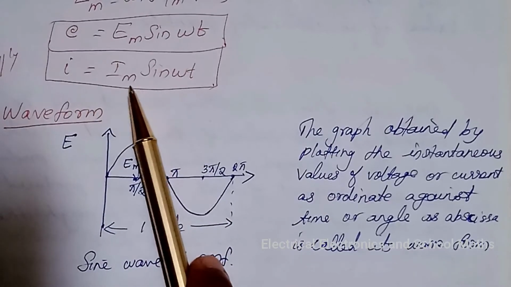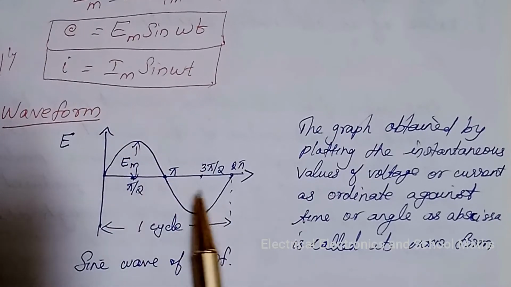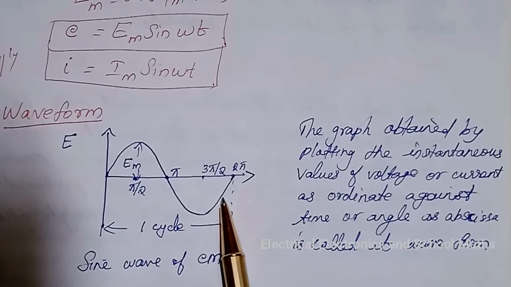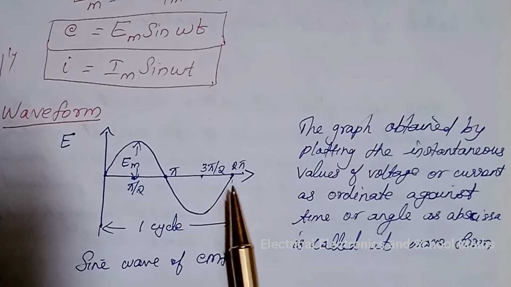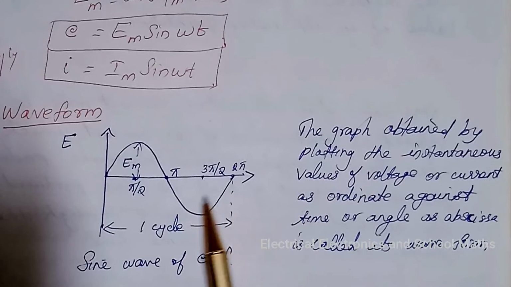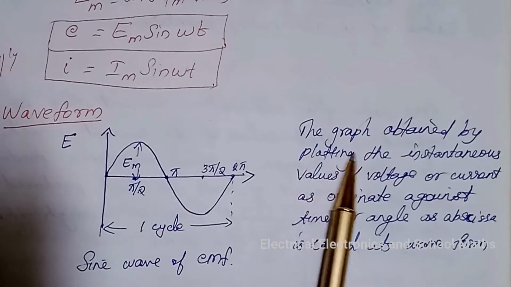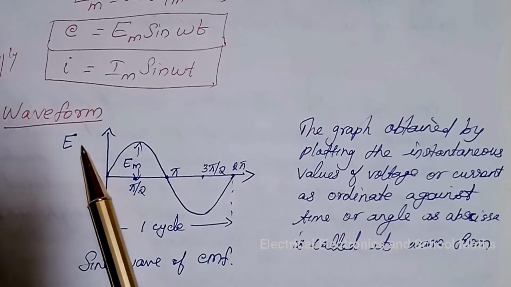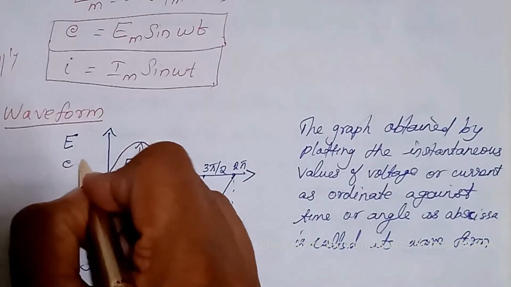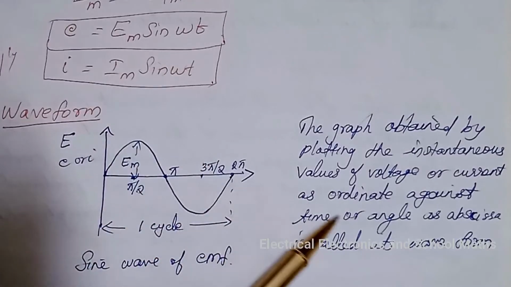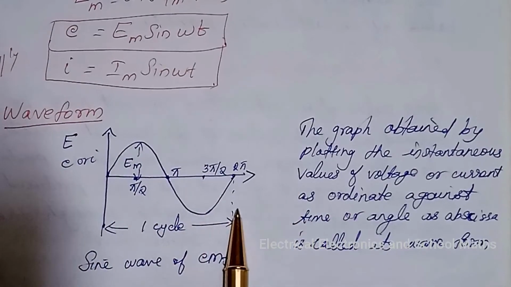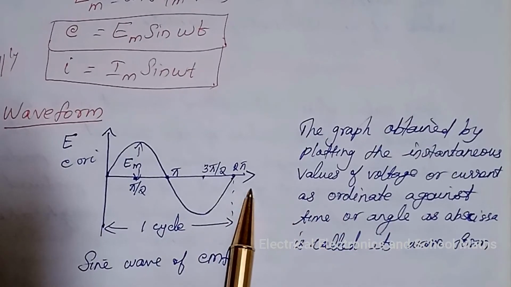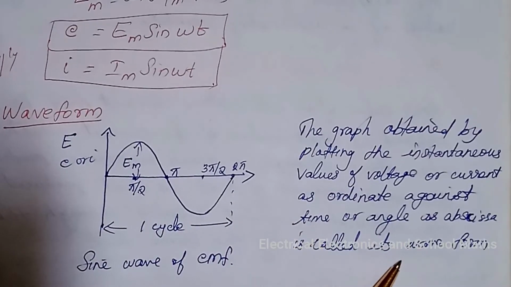When the EMF or current is plotted against time angle omega t, a curve is obtained like this, and this is known as the sine curve. Or we can say that the graph obtained by plotting the instantaneous values of voltage or current e or i versus time angle or angle as the abscissa is called its waveform.